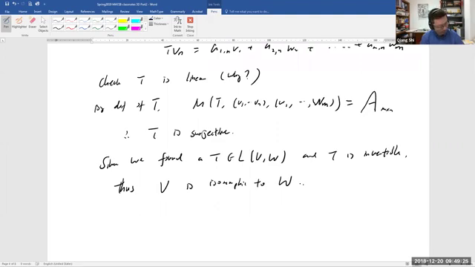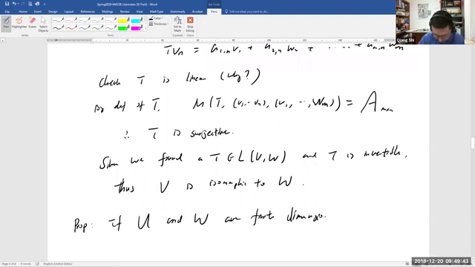And once we have this, then we are able to see the next proposition, which very naturally comes from here: if V and W are finite dimensional, then this L(V, W) is finite dimensional.